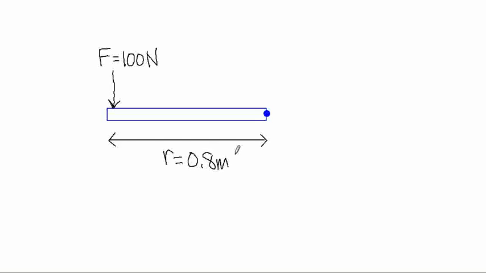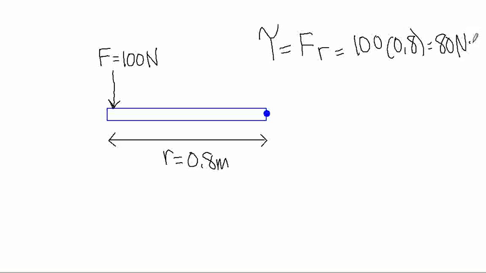For this example, the torque, which I will denote by the Greek letter tau, looks like a fancy T, is equal to the product of the force applied as shown times R. So 100 times 0.8, which gives 80 newton meters.